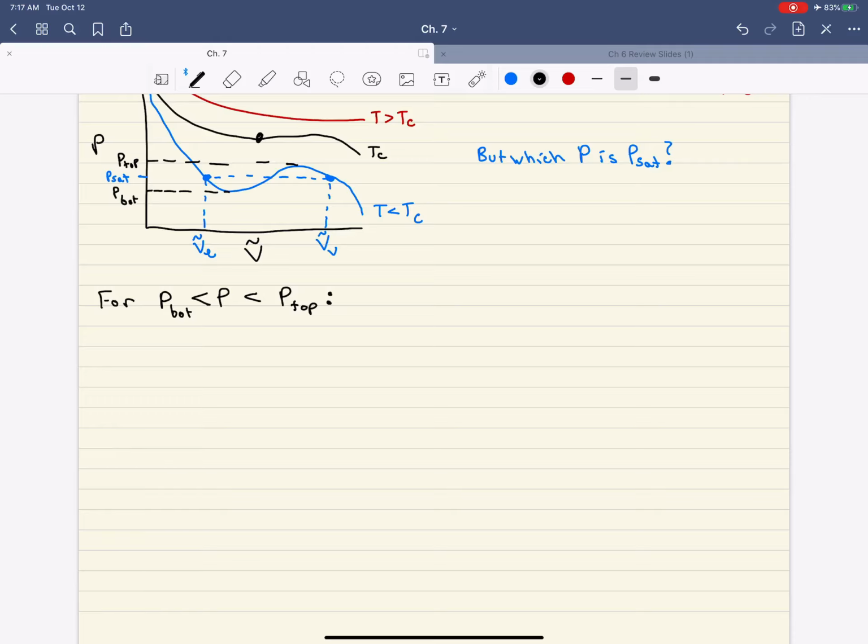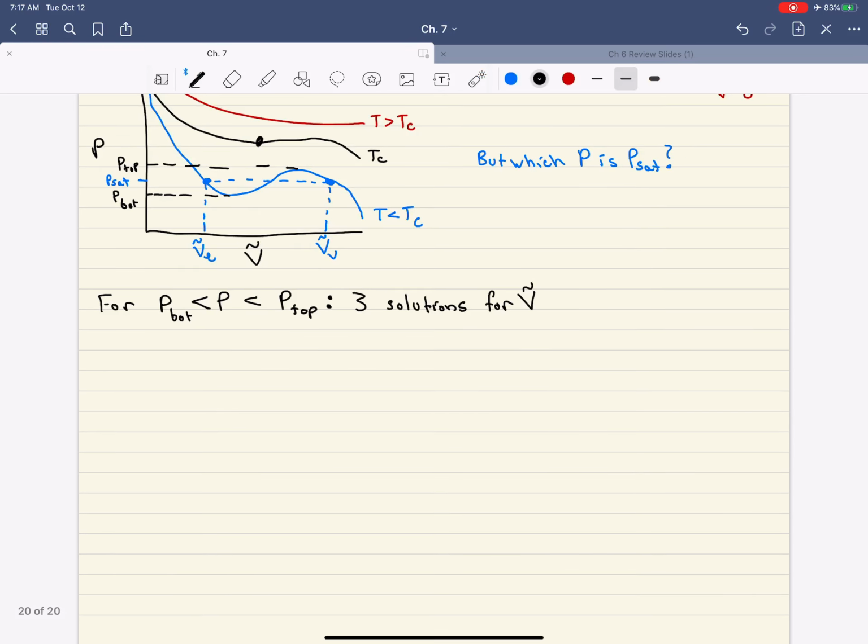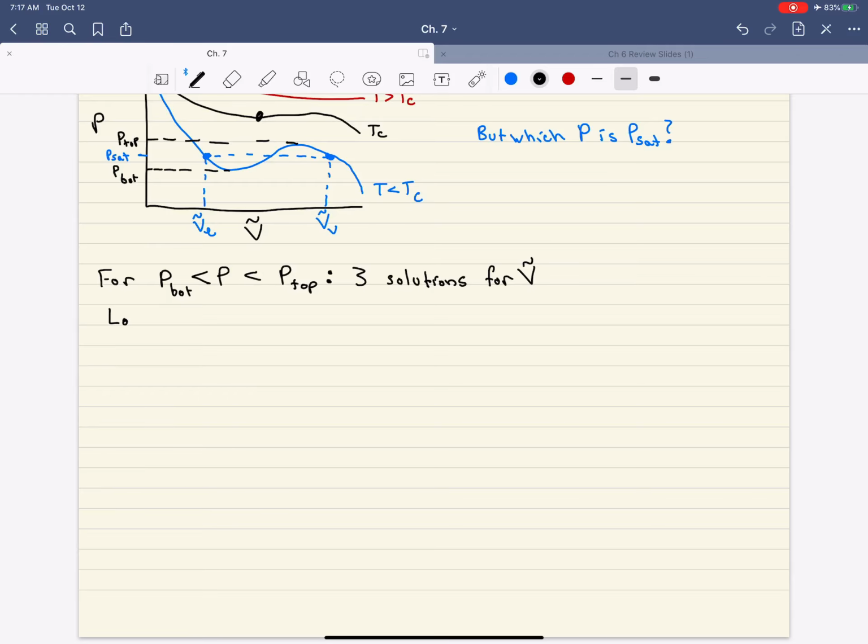we see from the model that for a given pressure, that pressure corresponds to three different volume values. The lowest volume value, we would say, corresponds to the liquid molar volume, so the one here.